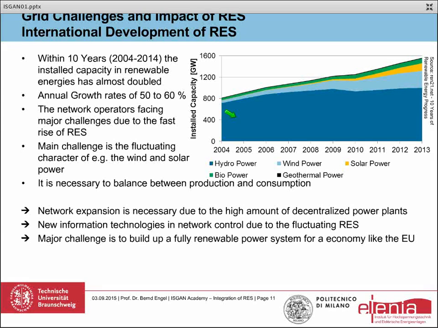We will have major network expansion necessary due to the high amount of decentralized power plants. We need new information technologies in the network to control the fluctuating renewable energy sources, and a major challenge is to build up a fully renewable power system for an economy like the European Union.